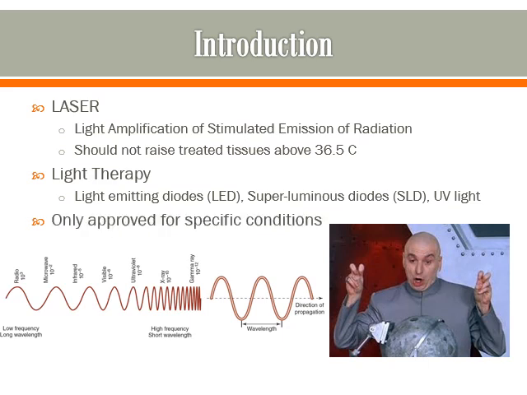Now, an interesting thing about lasers is they're really only approved for specific conditions. Right now, they're only really approved for chronic neck and shoulder pain, IT band syndrome, carpal tunnel, and for research. Any other use is considered an off-label application.